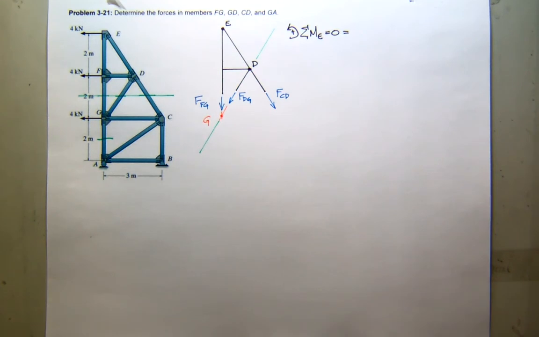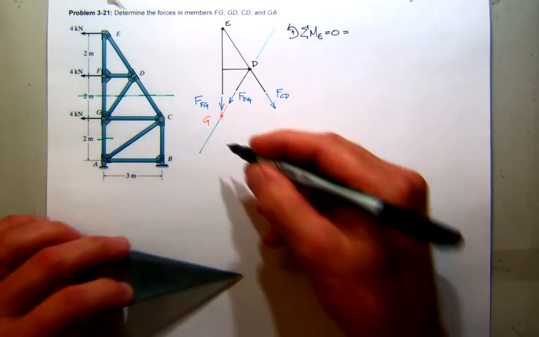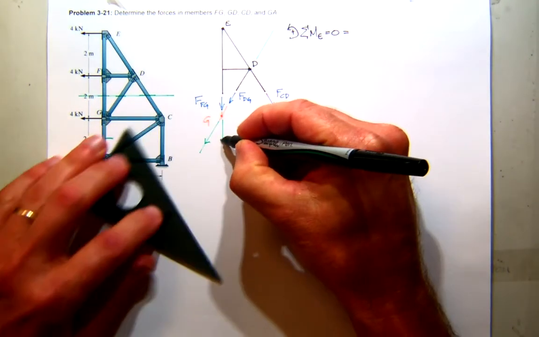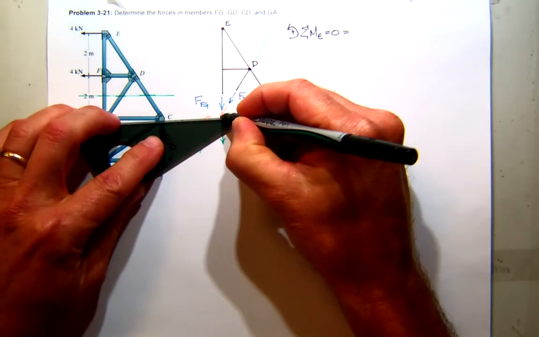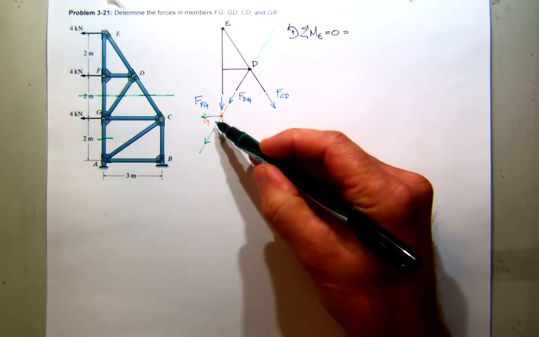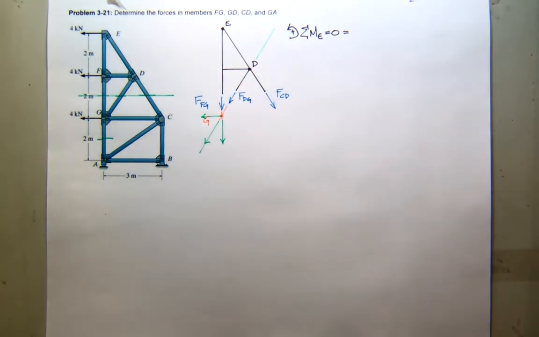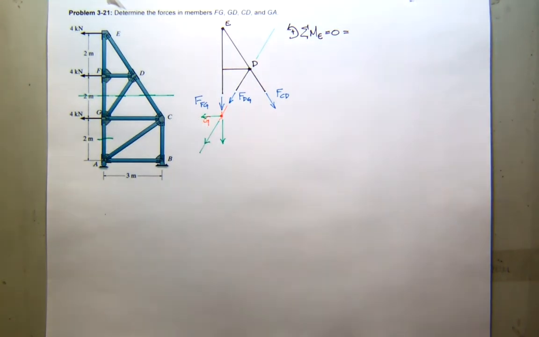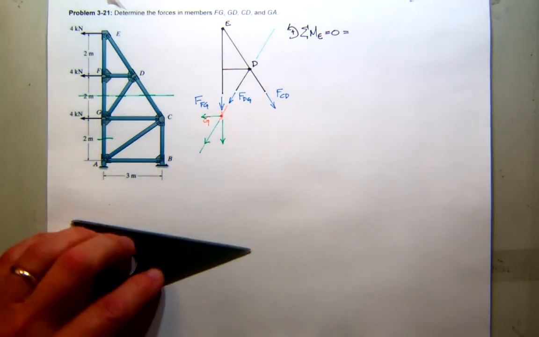I think G is a great spot because if I slid it down to G, I would have a vertical component and a horizontal component, right? Which one of those components creates moment about E? The horizontal. So now I need to find out the slope of that line.